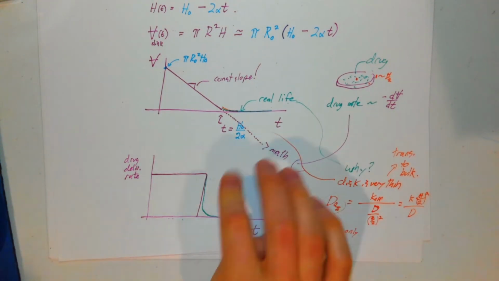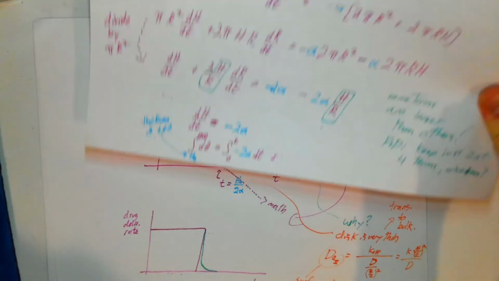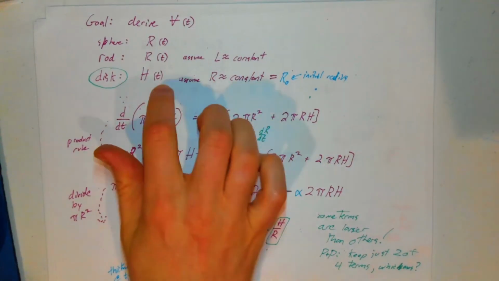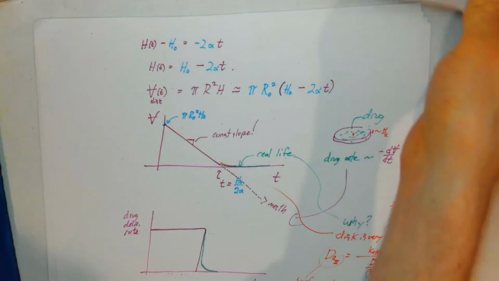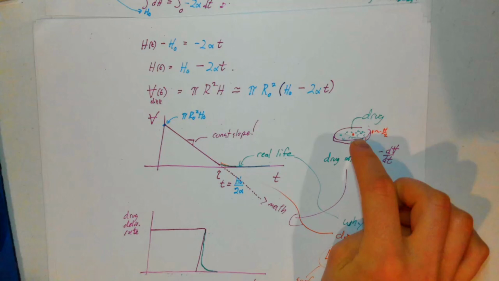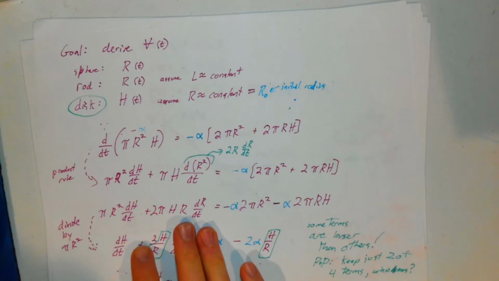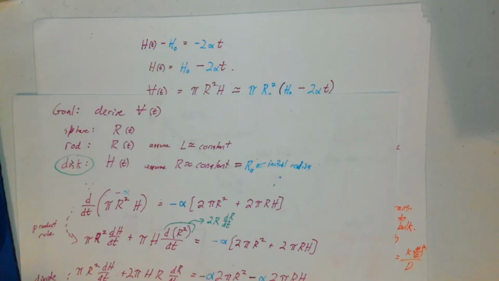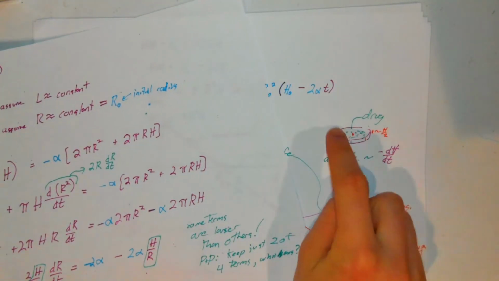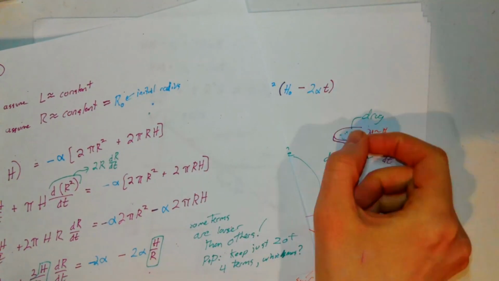So what's the key thing here? Well, if we want to tune disks to deliver drugs to people at appropriate rates, we have a lot of parameters that we can play around with. We can play around with the concentration of drug within the disk. We can play around with the thickness.